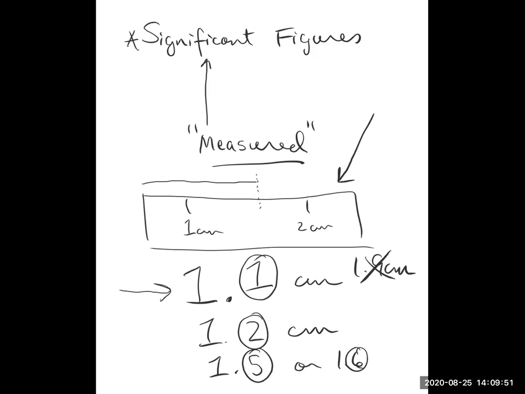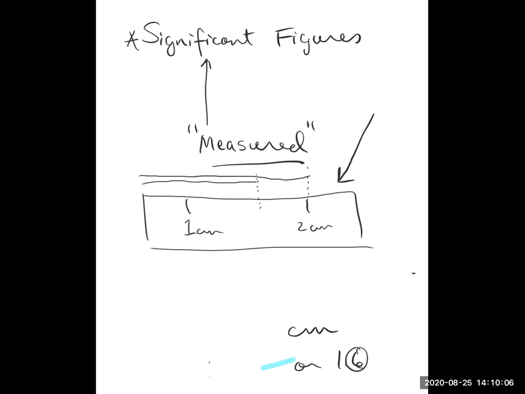So then the next thing we get into is, what if something ends right on the 2? Let me see if I can, is that the eraser? Yes, it is. Okay. What if it ends right on one of the hash marks? Now it's a little confusing. Do you report it as 2.22 centimeters? No, you still need that estimated digit.